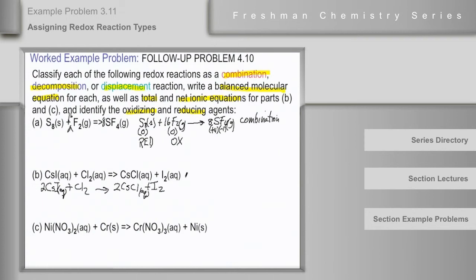Now, this is a displacement reaction because two things form two things. You could think of it as chlorine displacing iodine from the cesium iodide compound. Iodine comes out.